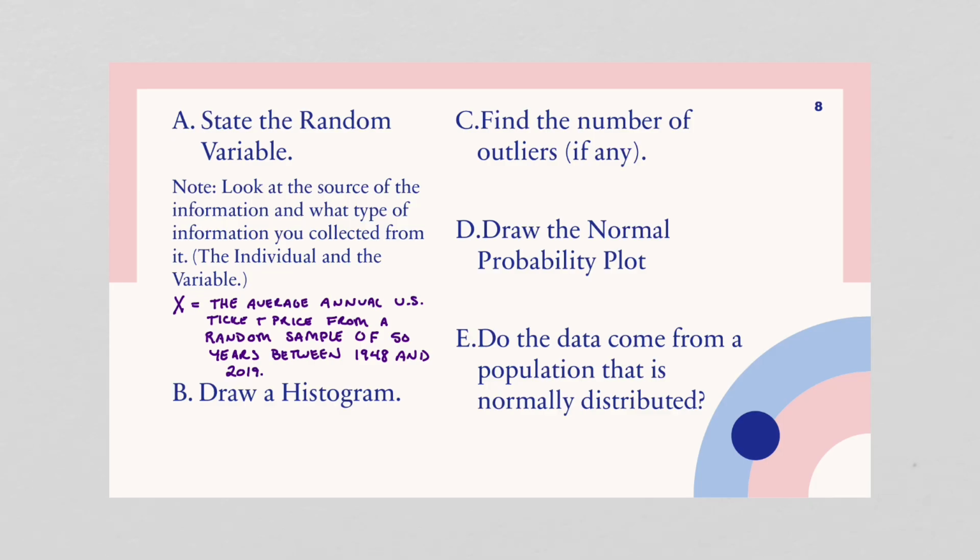I do see that I want to say ticket prices instead of price. So we're looking at the average annual U.S. ticket prices from a random sample of 50 years between 1948 and 2019.